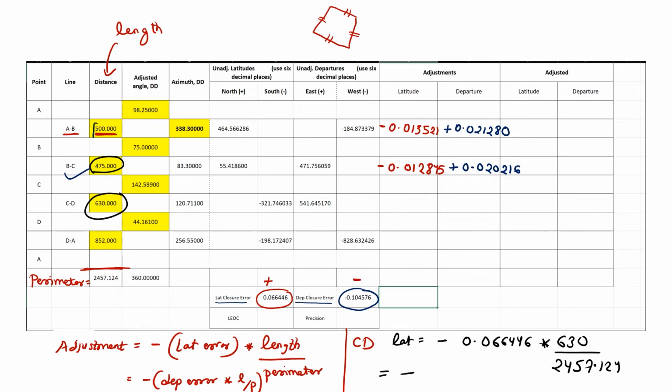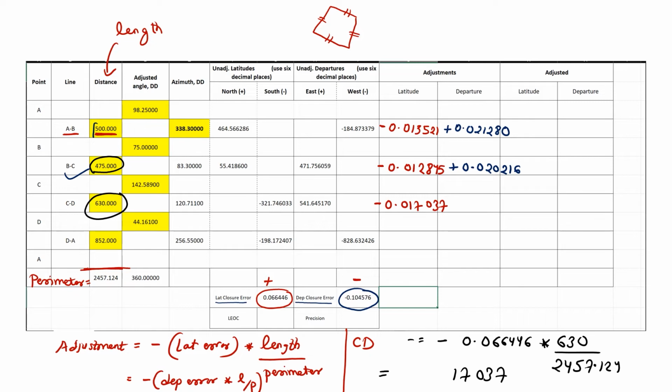So 0.066446 times 630 divided by 2457.124 gives 0.017037. Okay, looks good to me. So negative 0.017037. Okay, this is for the latitude.